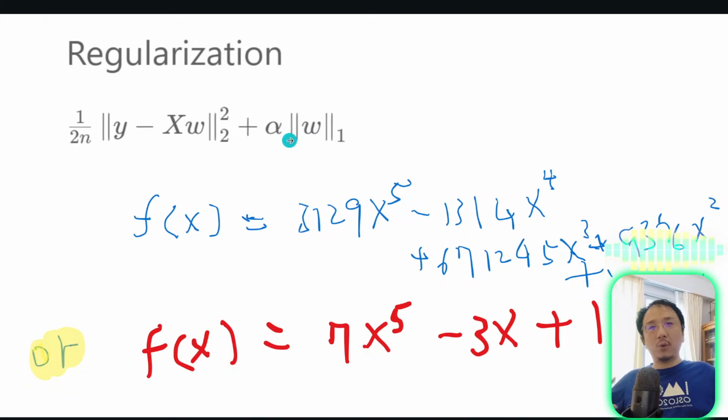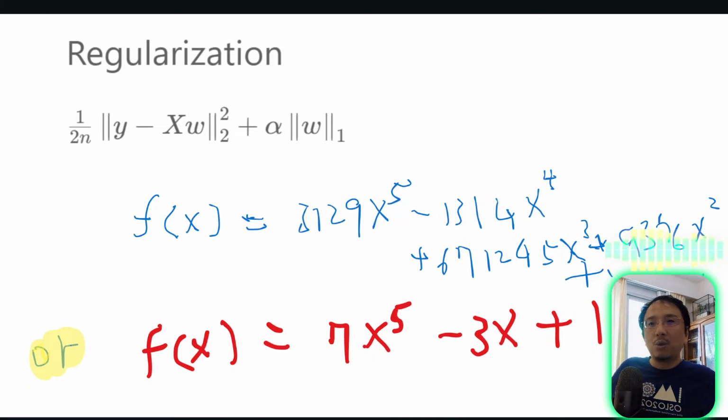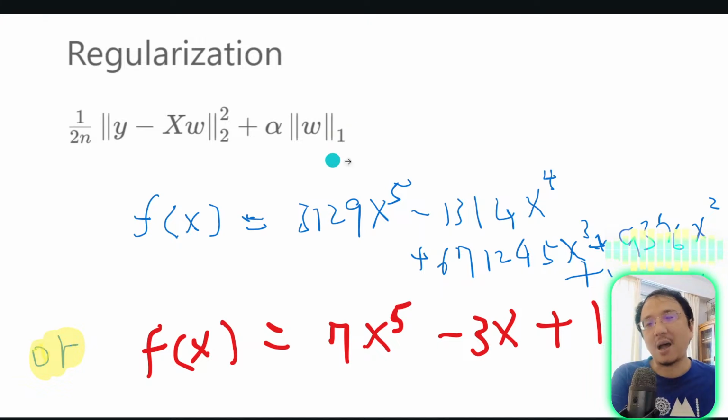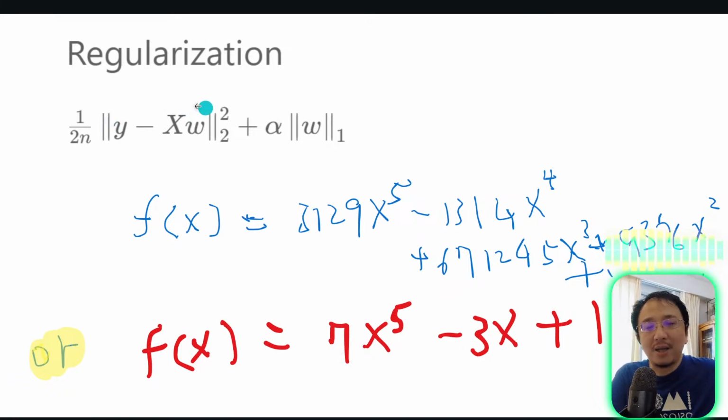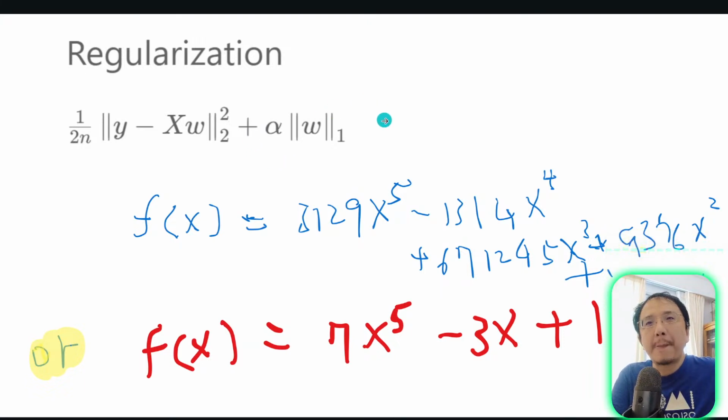We will get to model selection to handle how to pick this alpha. But the thing is, in addition to optimizing our target, our loss function, we also want to get a penalty when the weight has a very large L1 norm. So combining these two together, our actual optimization target becomes this one.